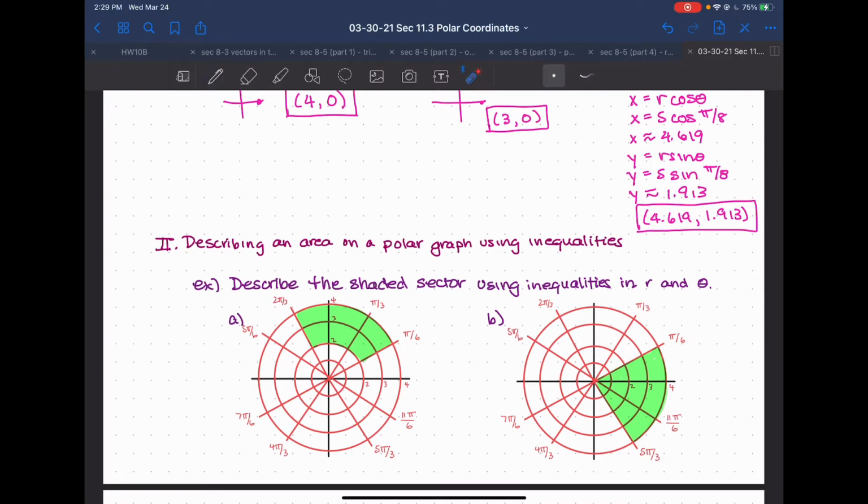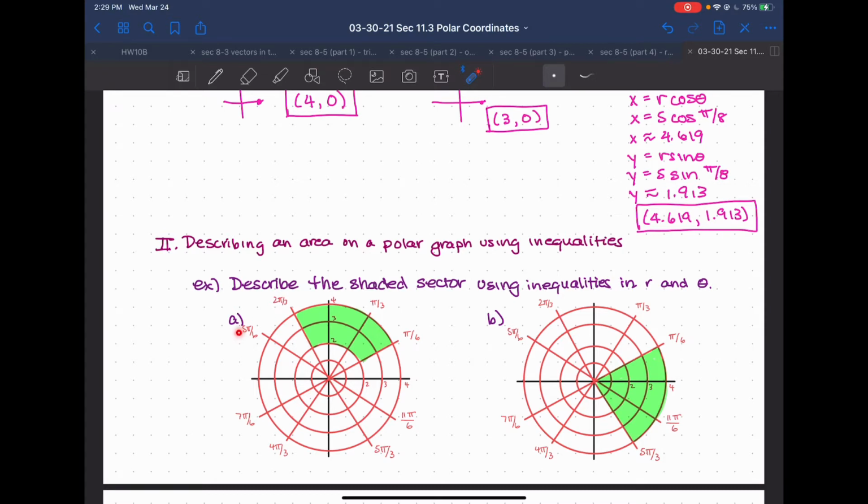Next section, we're going to be talking about this when we start doing the calculus of polar curves. So we're going to be playing around with areas of regions a little bit, and understanding the inequalities in r and theta is going to help us out here. So think about what it might be. We'll do one together, and then if you want, pause the video before we do B.